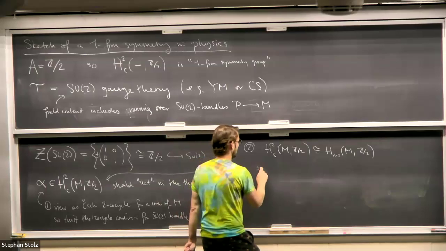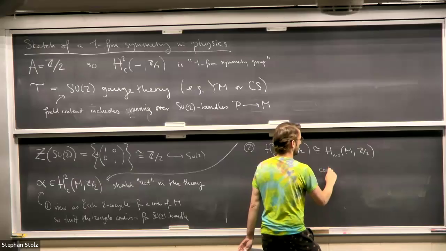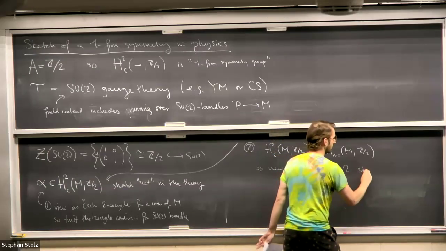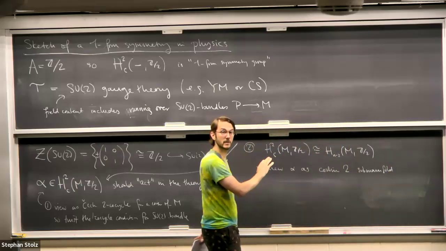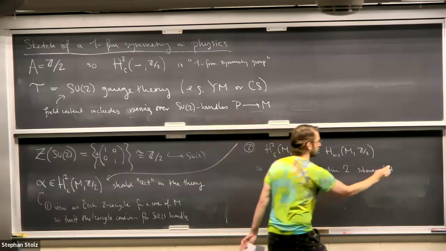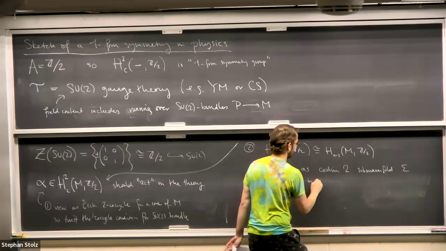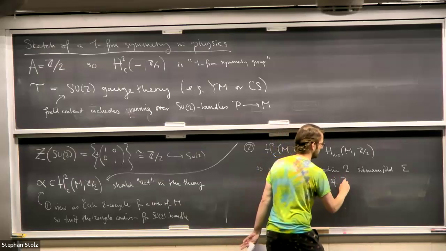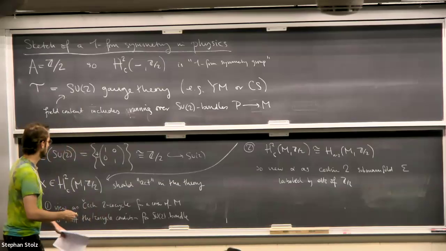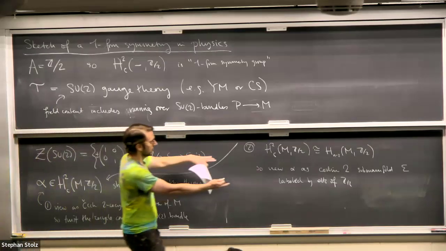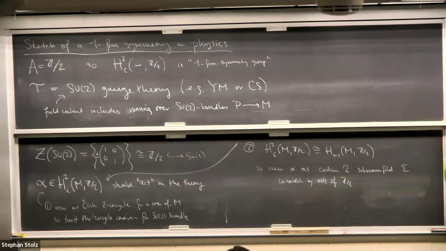So view alpha as a codimension 2 submanifold. We could hope that there's some representative: a codimension 2 submanifold sigma labeled by elements of Z mod 2, or maybe some formal linear combination. So we could think about it as a Čech cocycle, or in this picture as a labeled submanifold, which is the p-form picture.